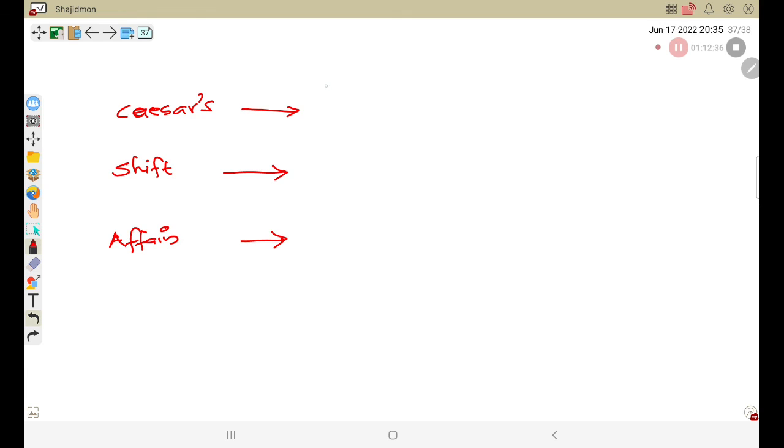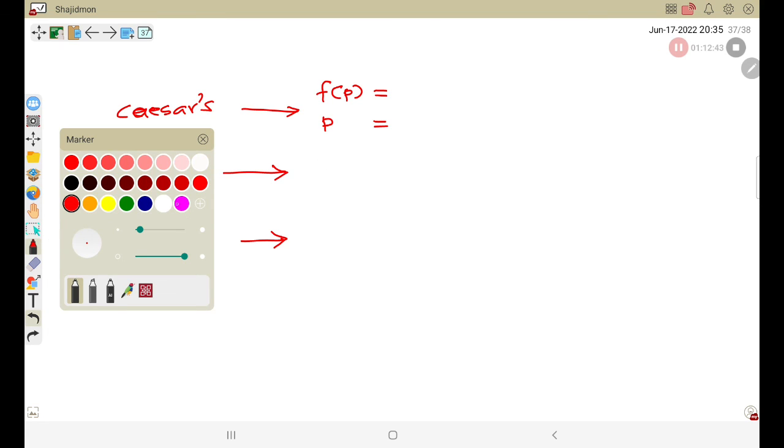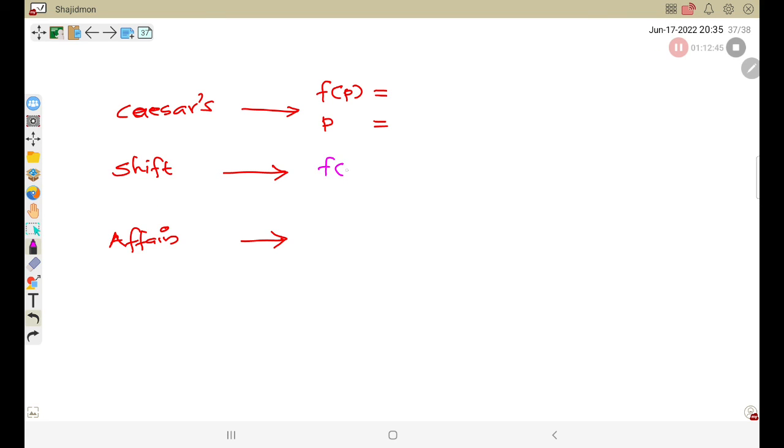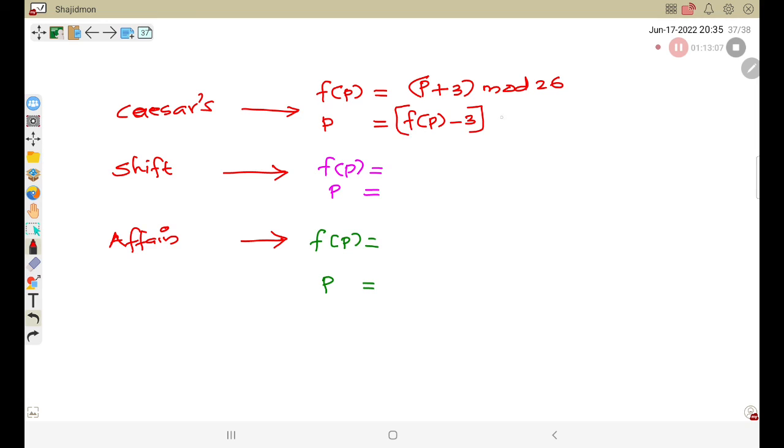Just to remember, what is f of p here, what is p here, in shift cipher what is f of p, what is p, and the same in affine cipher. For example, Caesar cipher, f of p is p plus 3 mod 26, and decryption f of p minus 3 mod 26.